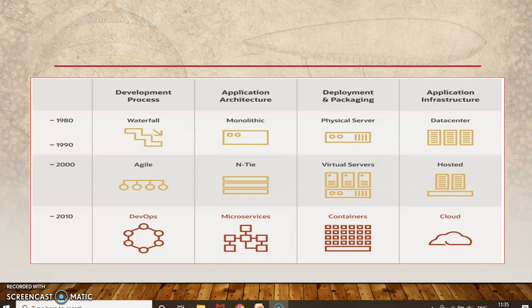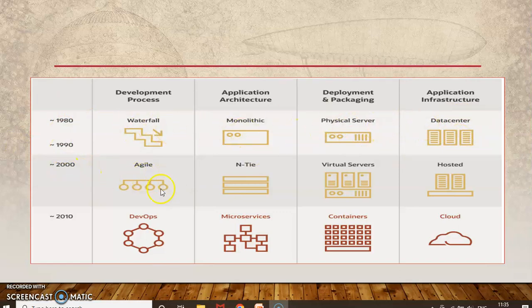You might not have used Dockers. You keep hearing Dockers. That's where Kubernetes comes in, and that's where microservices and containers come in. So monolithic, physical server and data center: this is the 1980s and 1990s on the top row.